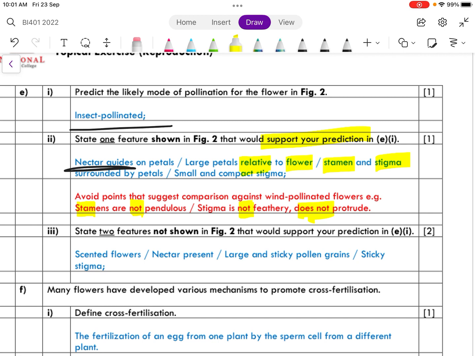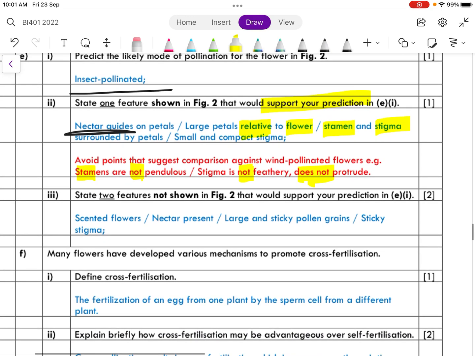These are not things we can see, so instead we want to focus on the things that we can see, rather than say things that are absent. You could say all these features if we provide you a flower that's pendulous, with a feathery stigma that protrudes out. Those are features that you can use to describe a wind-pollinated flower.